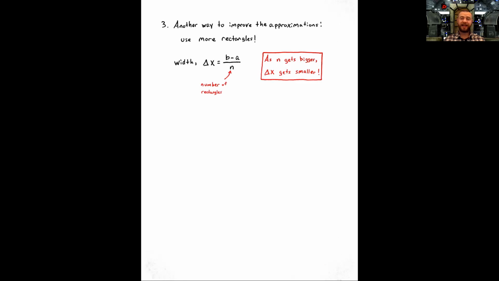What happens as we use more rectangles? What happens as n gets bigger? Notice in that fraction, n, the number of rectangles we're using, is in the denominator. As the denominator gets bigger, that whole fraction gets smaller. So as we increase the number of rectangles, the width, delta x, gets smaller.